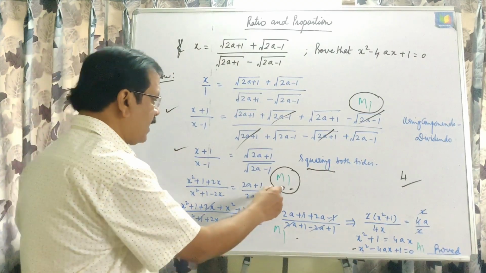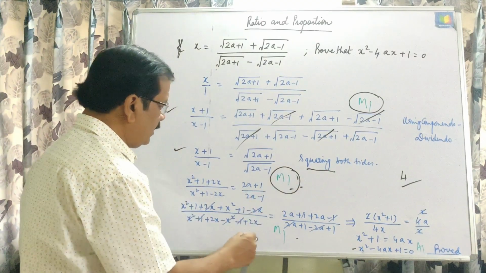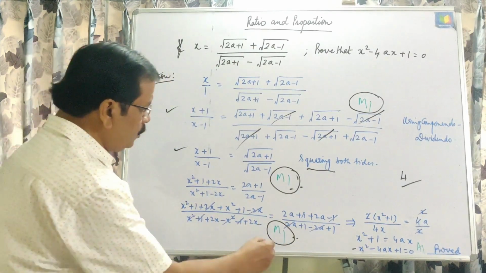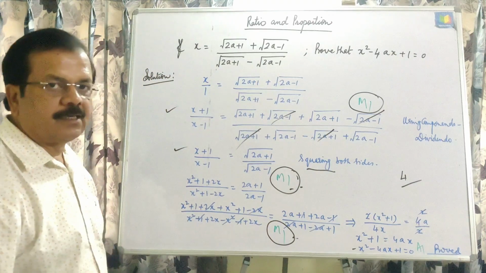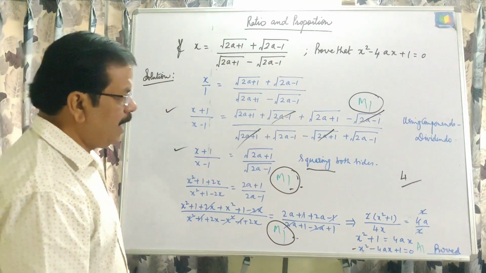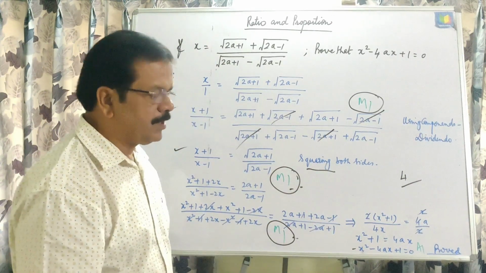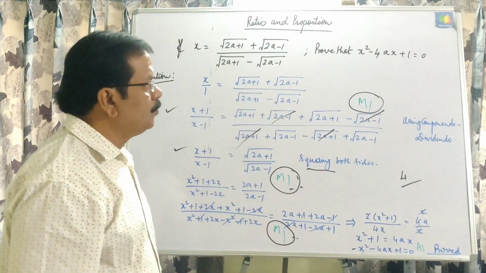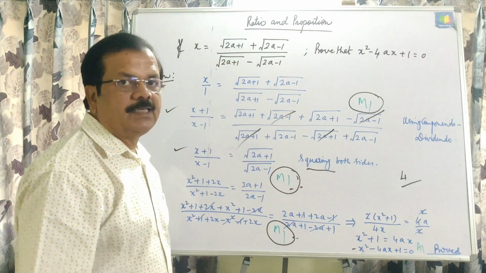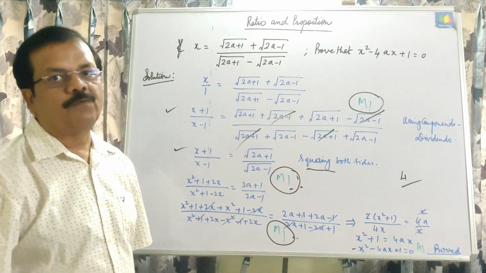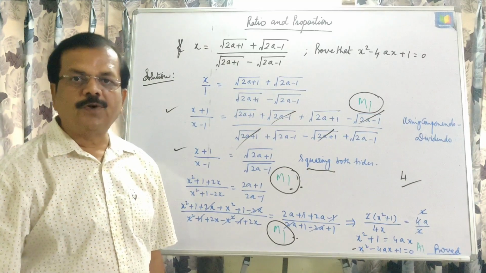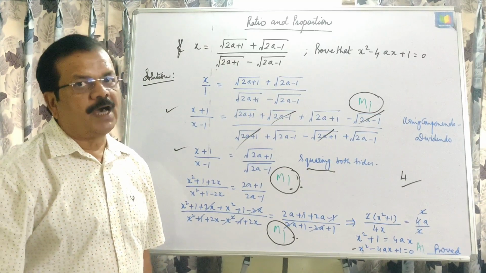Then the third method mark was given whether you applied componendo dividendo or cross multiplied, and the last answer mark was allotted for the correct answer, which we have to prove. This way we studied all types of questions from the entire syllabus of ratio and proportion with the marking scheme.